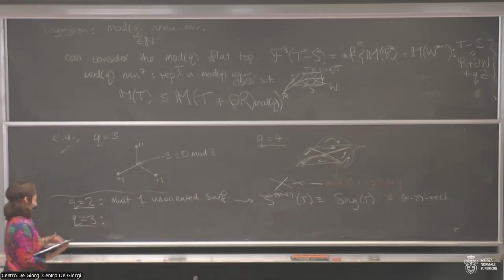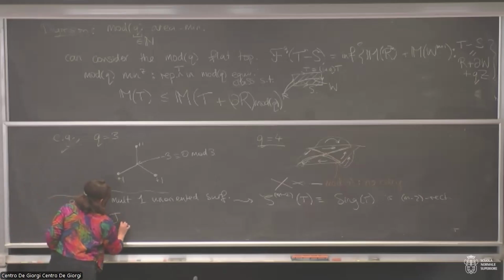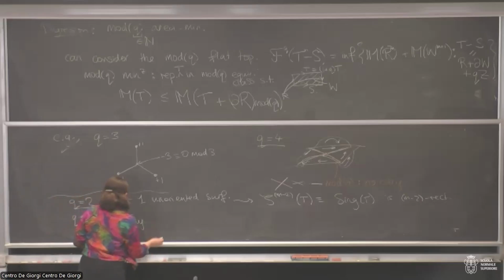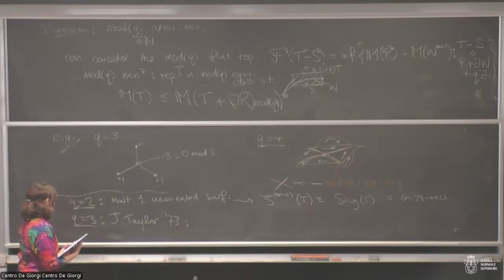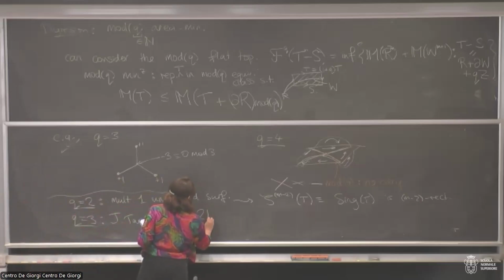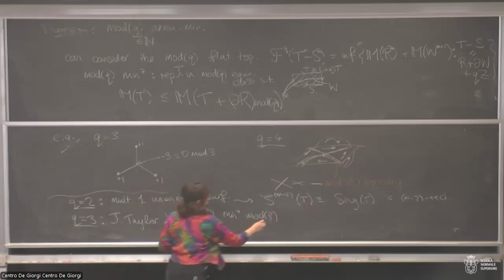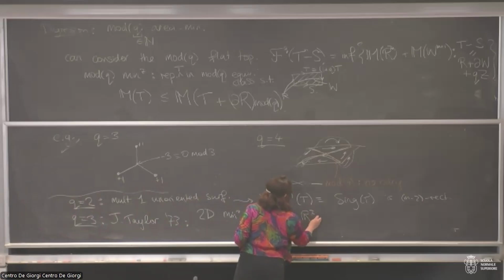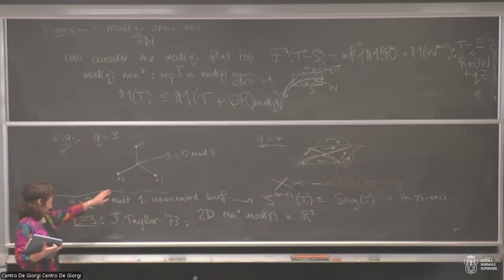Now, some more interesting cases that were already known for a while. When you look at Q as 3, so mod 3, there's this really elegant result by Jean Taylor from '73, which says that if you look at 2D minimizers mod 3 in R^3, the hypersurfaces, the only singularity models you can have are triple junctions, so this cross with an extra dimension.